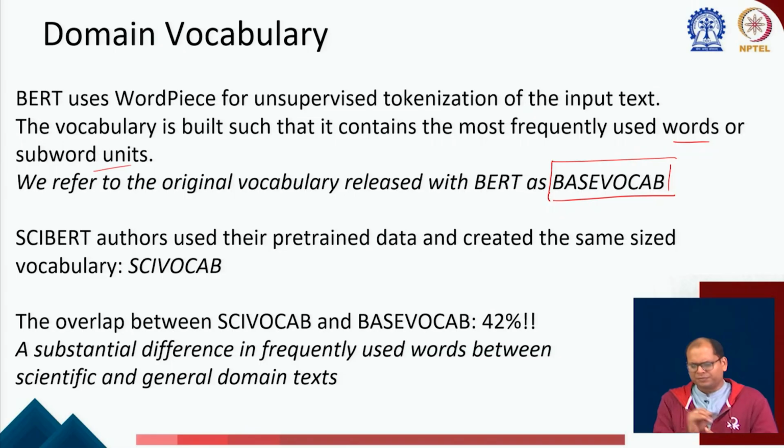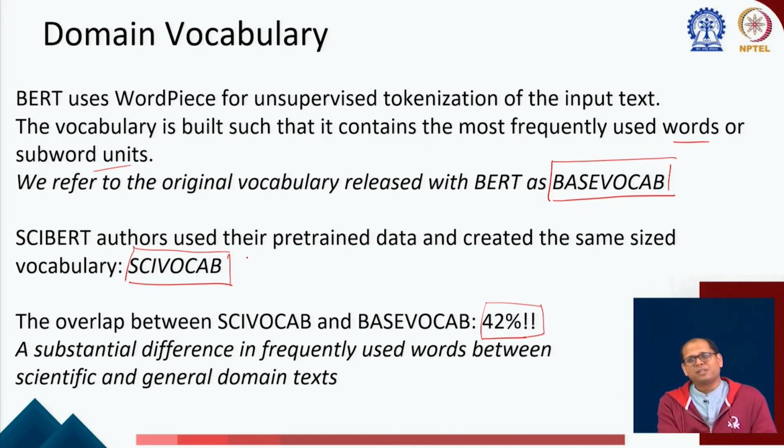Some 30K plus. Now, the authors of SciBERT also computed a vocabulary using the same process on the scientific domain data that they had. This is what they called SciVocab. First of all, they wanted to see if there is a significant overlap between SciVocab and base vocab. They found this is very low, just 42% overlap.